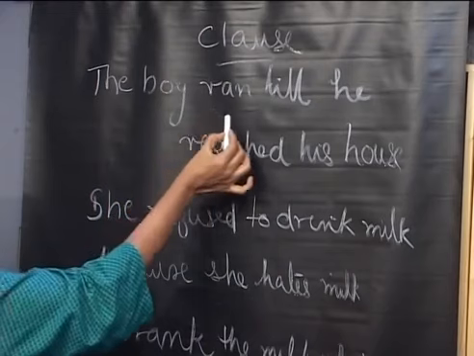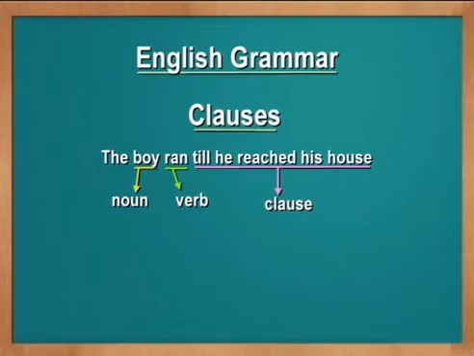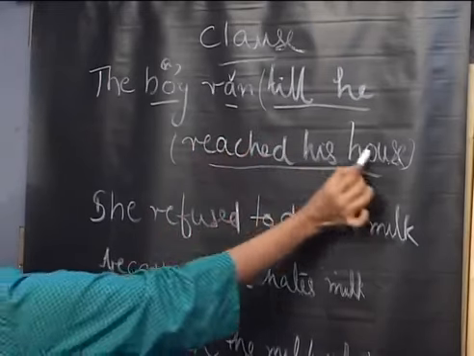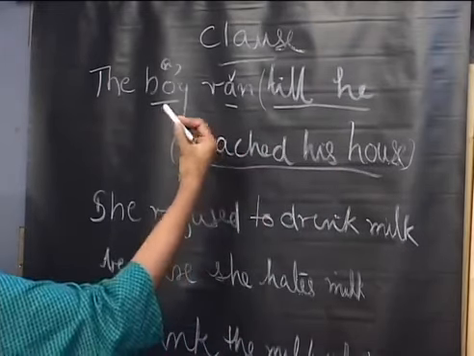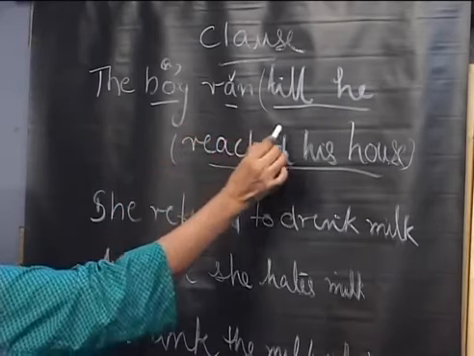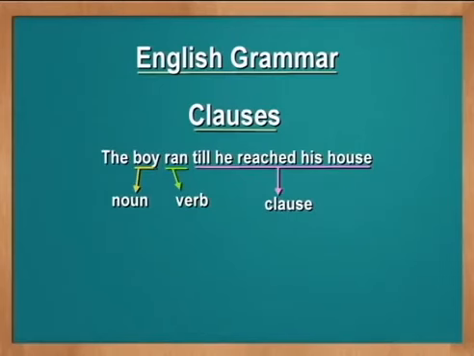Let us look at these sentences. The boy ran till he reached his house. Boy is a noun, ran is a verb, and till he reached his house is a group of words to explain how the boy ran. If you look carefully, you will find that in this group of words there is a subject, he, and there is a verb, reach.